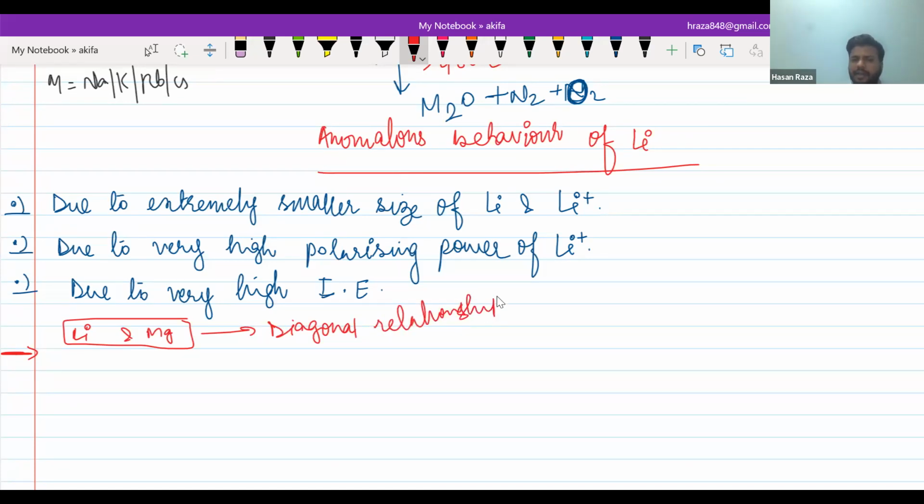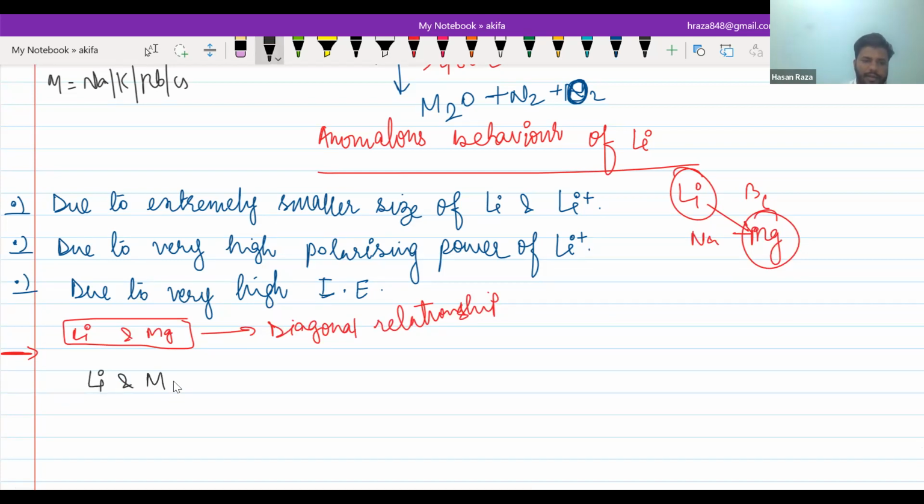It is basically like a diagonal: lithium is here, beryllium, sodium is here, and magnesium is here, and lithium has some properties similar to magnesium. That's why it is called diagonal relationship. Lithium and magnesium show diagonal relationship, the first one.